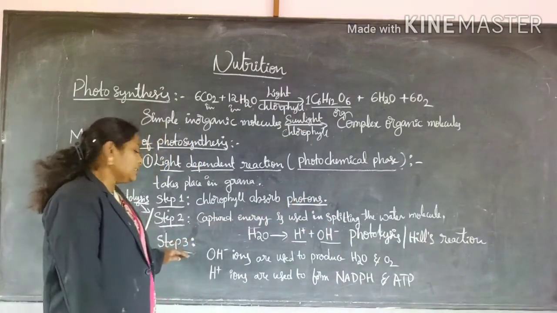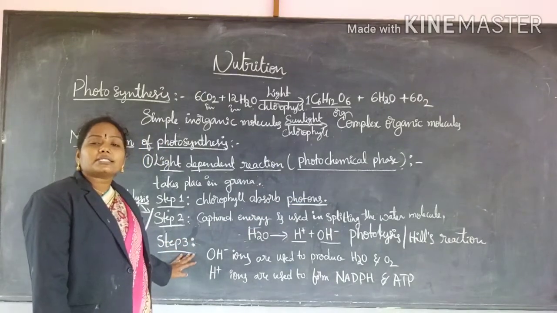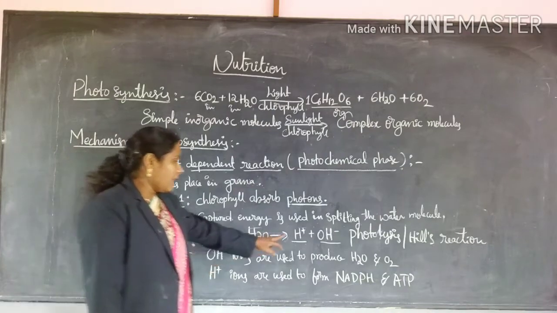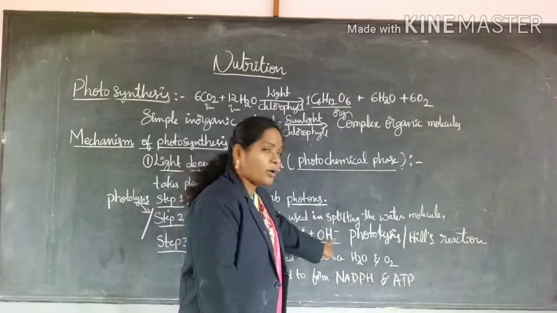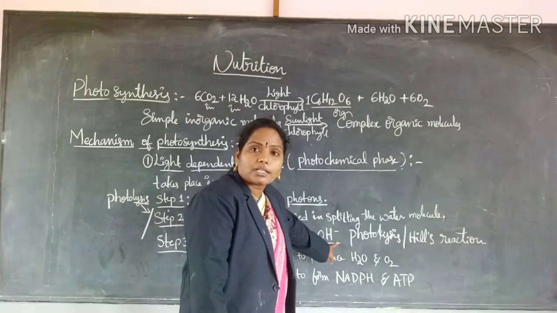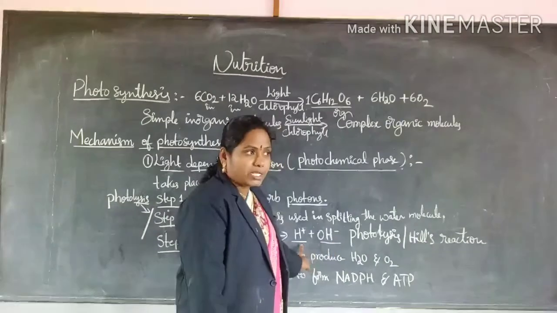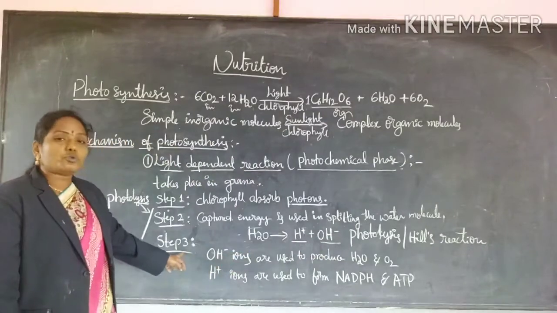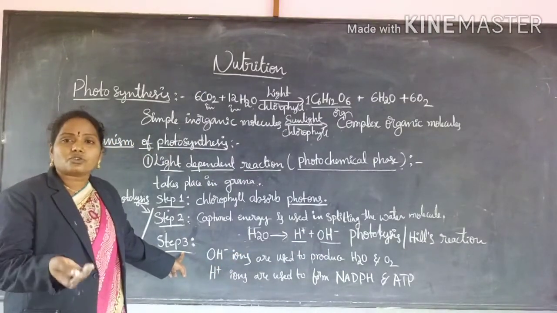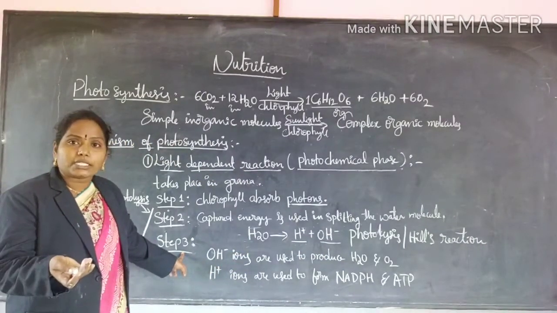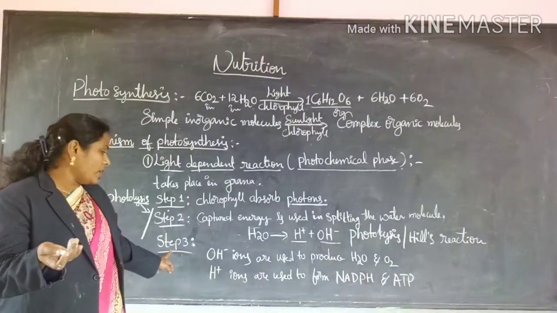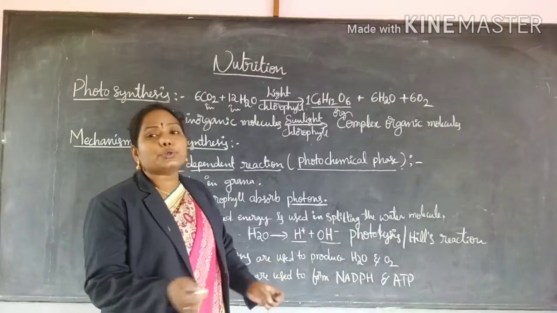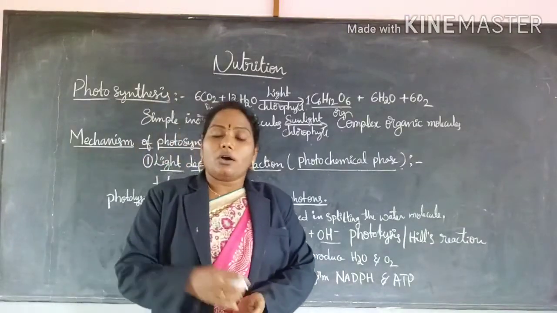So next, the third step. What is the third step here? In this third step, H plus ions and OH minus ions are formed. These two ions, what do they do next? OH minus ions are used to produce H2O and oxygen.